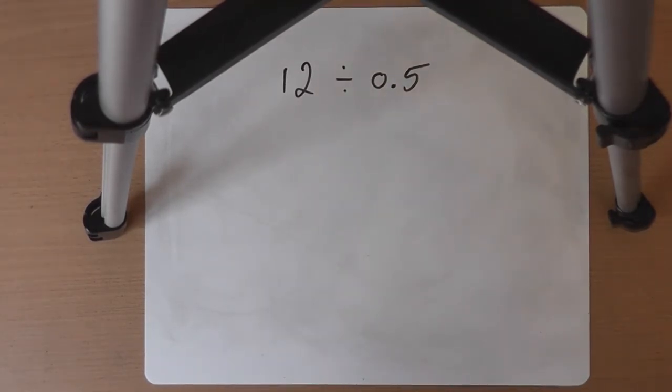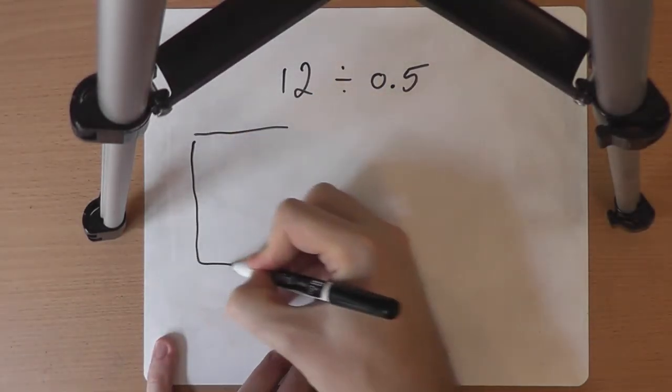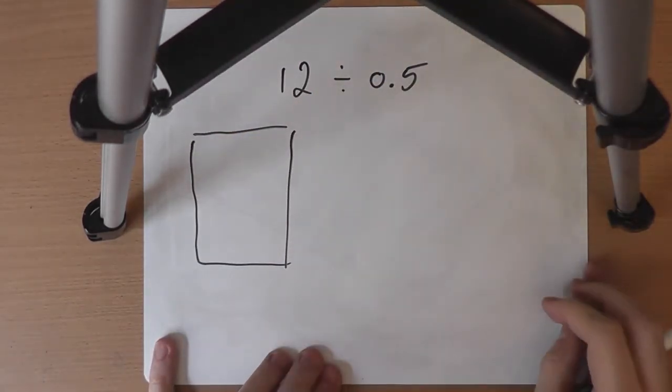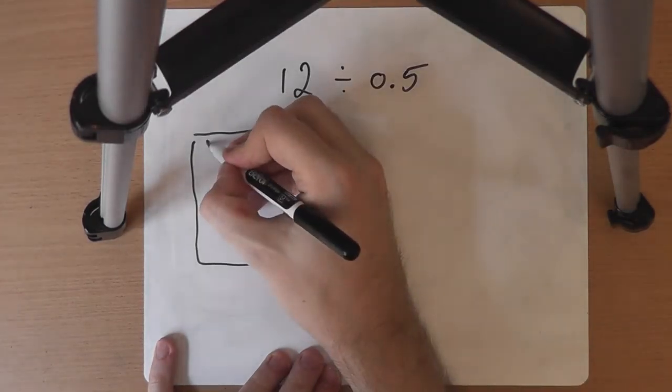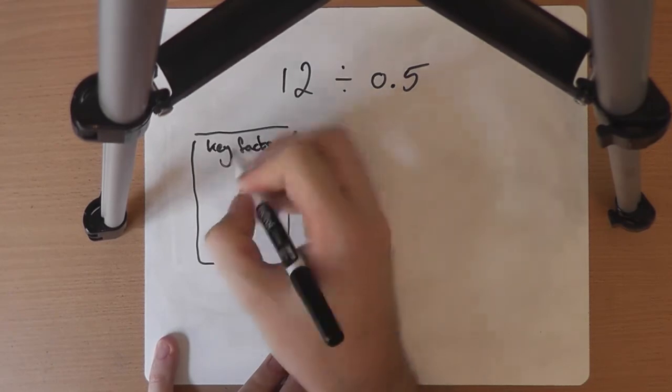We'll do one more example, and it's just to show that you can actually use this method with decimals if you are very careful. Something like 12 divided by 0.5. Little bit trickier. It is a little bit trickier, but we could still do this in the same way. We could set up our bank of key facts. I mean, okay, we're dealing with a decimal, and we're setting up a key fact box about decimals, but that's all right.